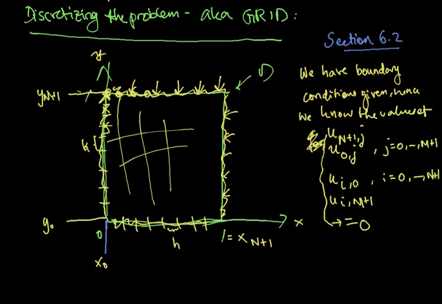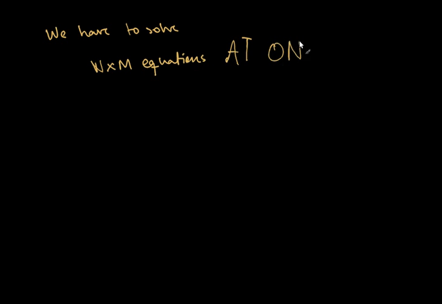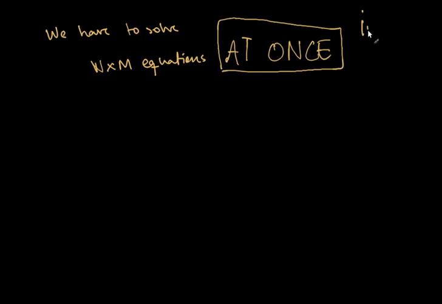So what we're going to do when we try to solve Poisson's equation numerically is we have to solve n times m equations at once. So if I ask you, is this an implicit or explicit method, then it's quite surely an implicit method, because we solve the problem by solving all of these equations at once.